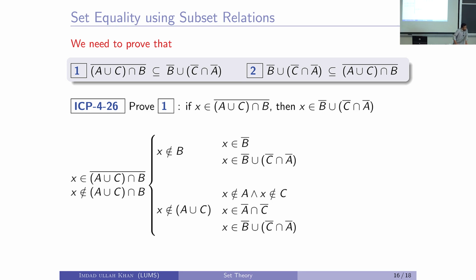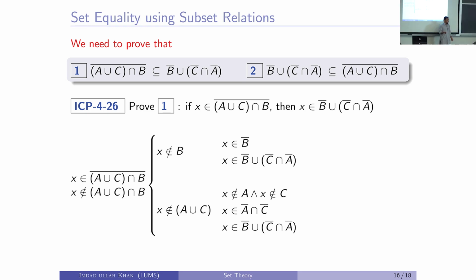X is not in A and X is not in C, right? Remember, because it must be in neither of them, that's why it couldn't make it to the union. So that means X is not in A, and X is not in C. Apply the definition of complement. That means X is in A complement and X is in C complement.